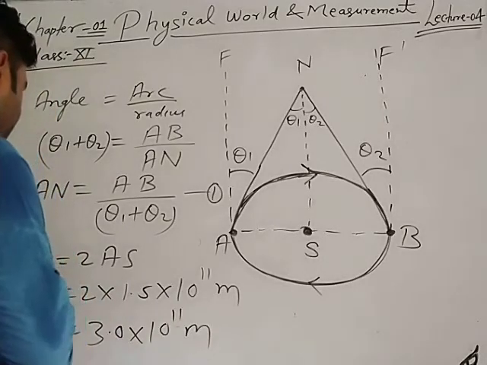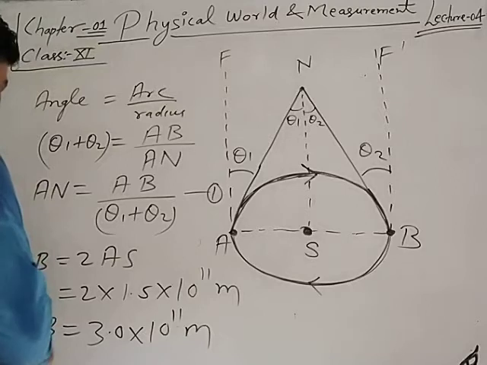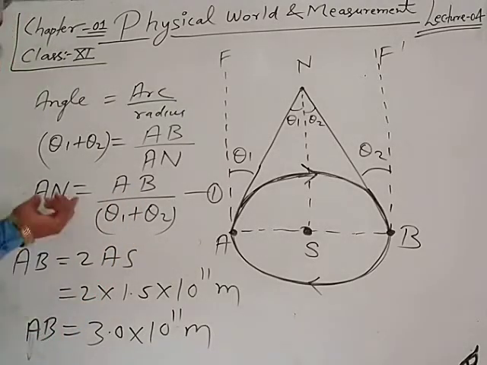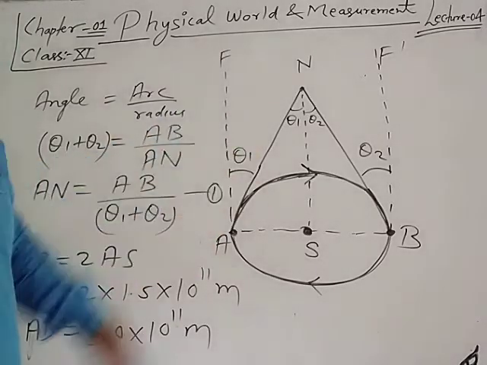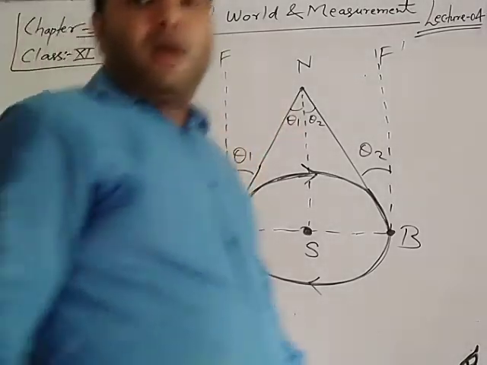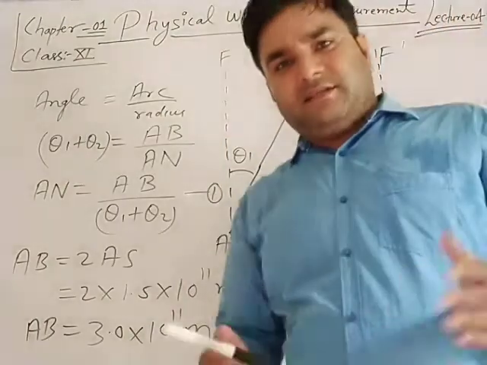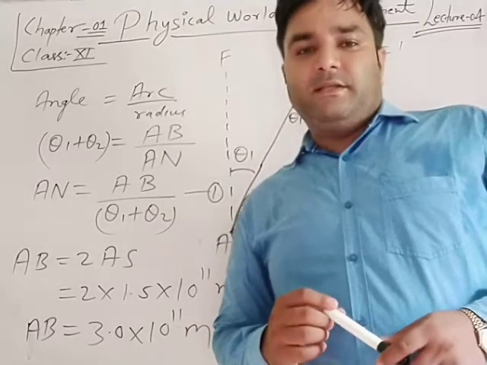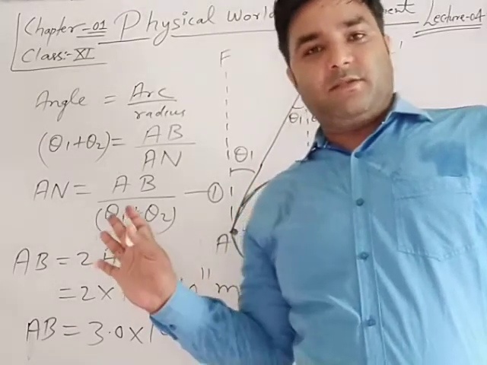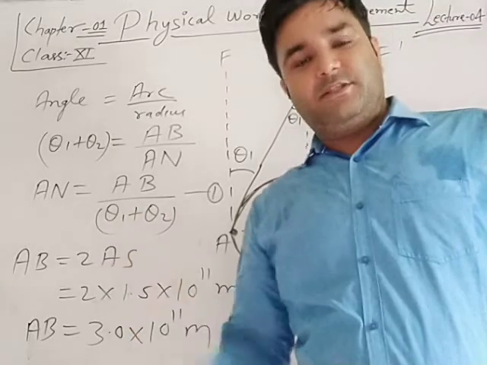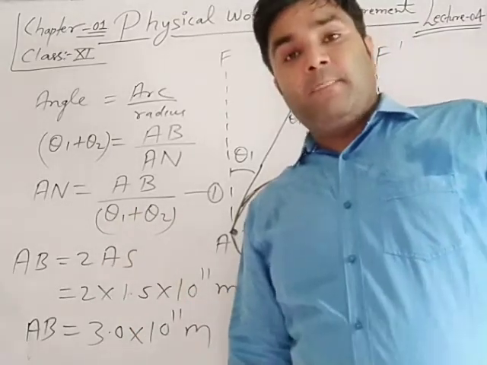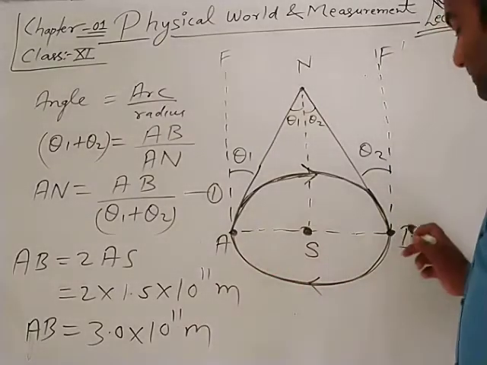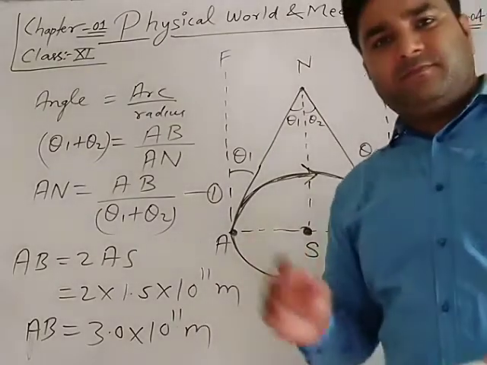This is the value of AB, and with the help of this AB and theta 1 plus theta 2 information, we can calculate AN, that is the required distance of nearby stars. Nearly less than 100 light years, we can apply this concept of parallax and measure the distance of the nearby stars from earth, with the earth at either this position or this position. Very easy and very useful concept.